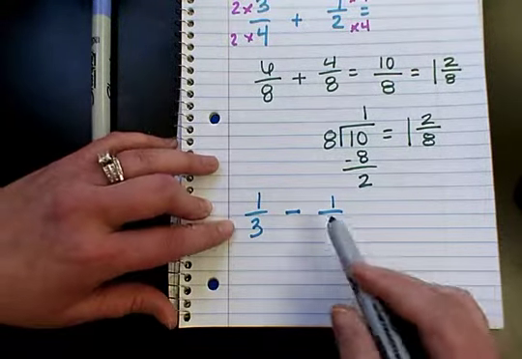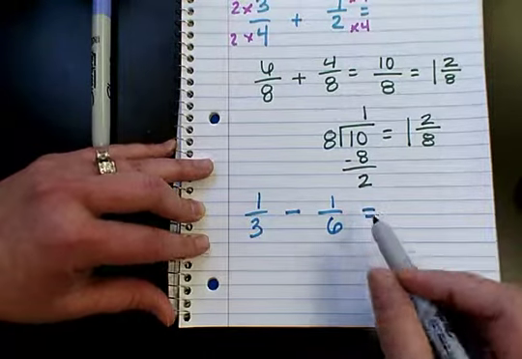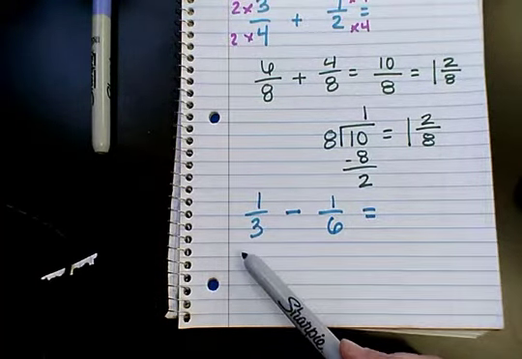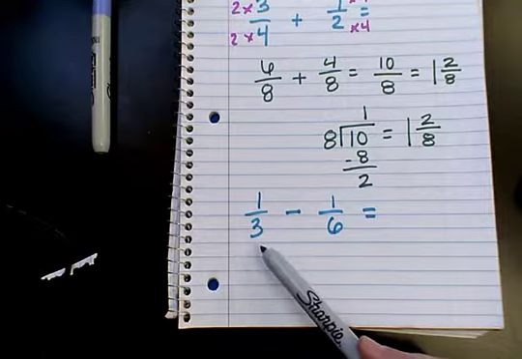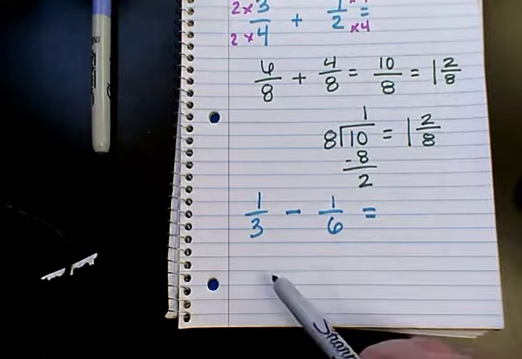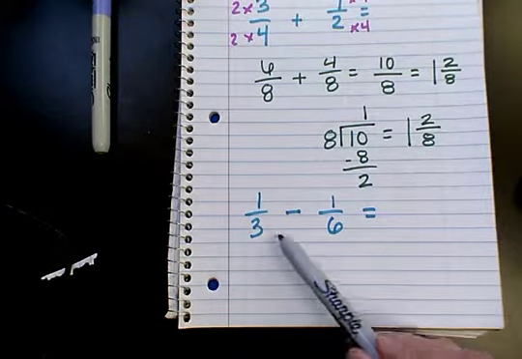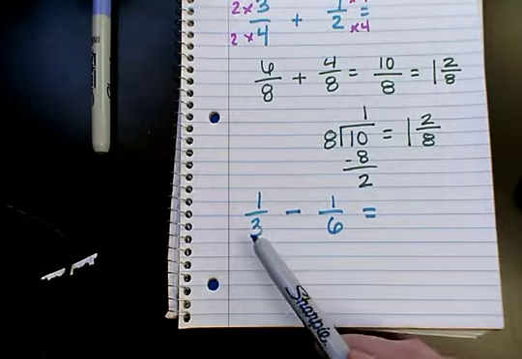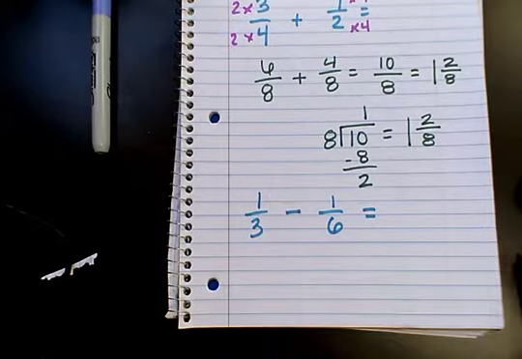So 1/3 minus 1/6. We could multiply these by each other and get 18 as a common denominator, or there's a lower one. The least common denominator these two have in common is 6. So we actually only have to change this other one.